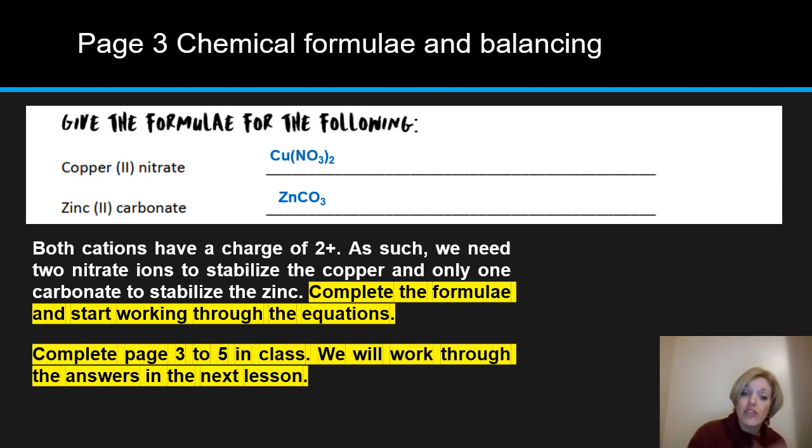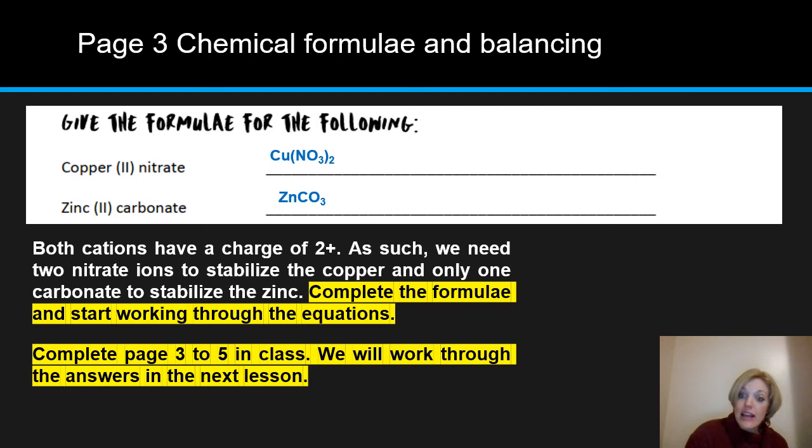The first one we have is copper 2 nitrate, and we have zinc 2 carbonate. So what I want you to do is have a look at how I've written them out in chemical formulae. Both cations have a charge of 2+. So as such, we need 2 nitrate ions to stabilize the copper, and only 1 carbonate to stabilize the zinc.